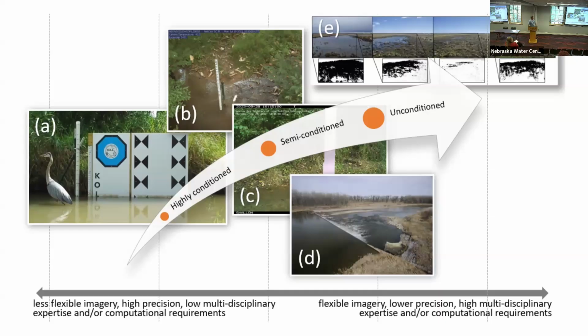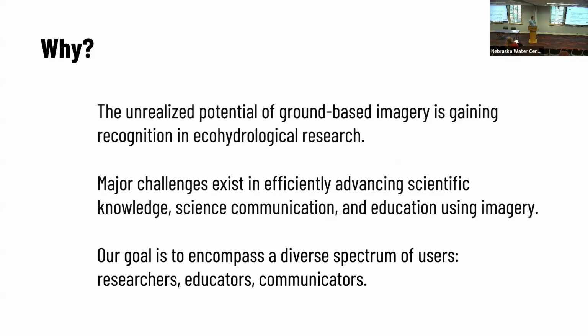You just have a sky and some water and grass in the foreground. So those images are much, much more difficult to process and extract information out of. That's the why of building this software: to make working with this type of imagery much, much easier. There's a ton of information in those images.